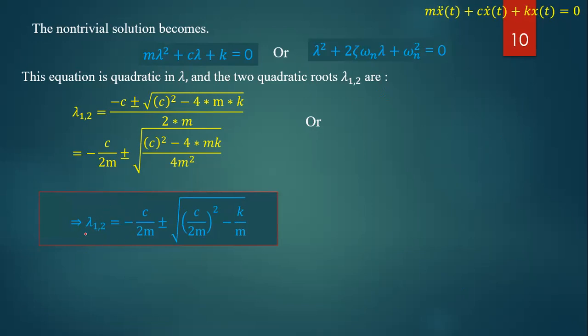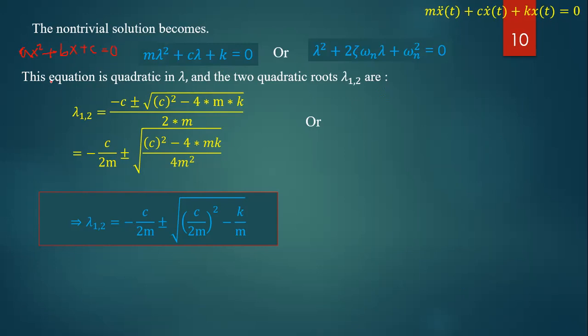This equation indicates that lambda 1, 2 is the solution of the quadratic equation. Because this one is a quadratic equation of the form a x squared plus b x plus c equals 0 type.